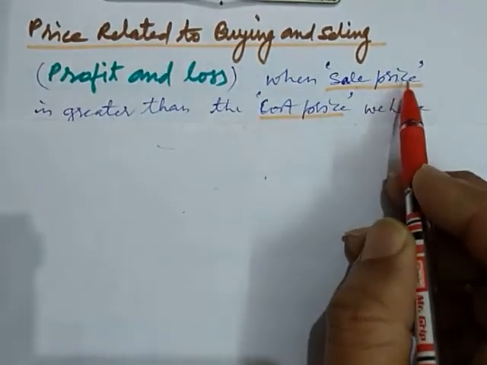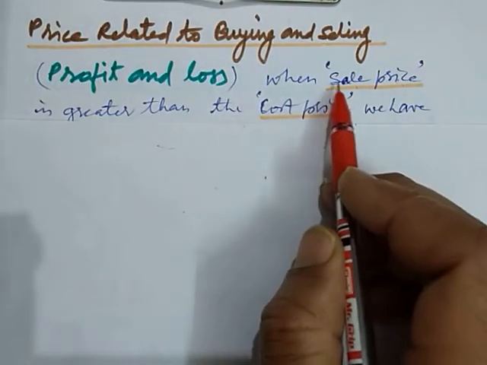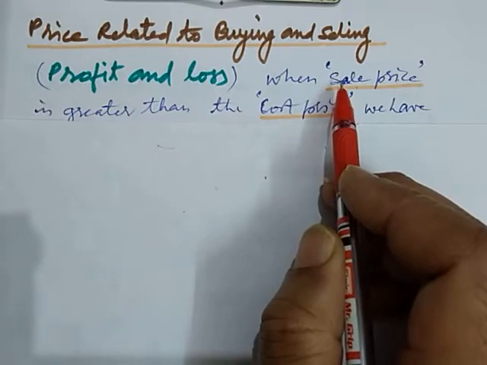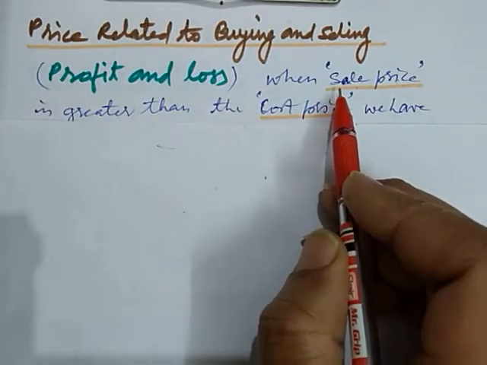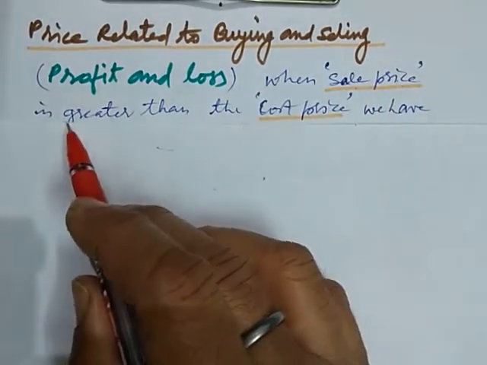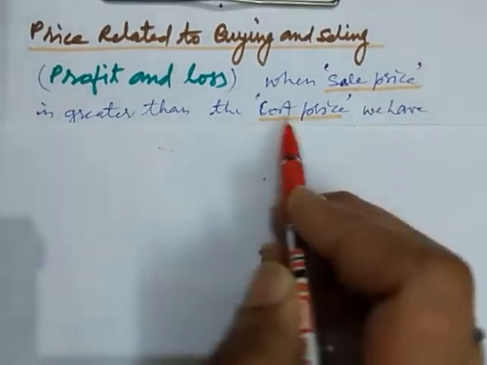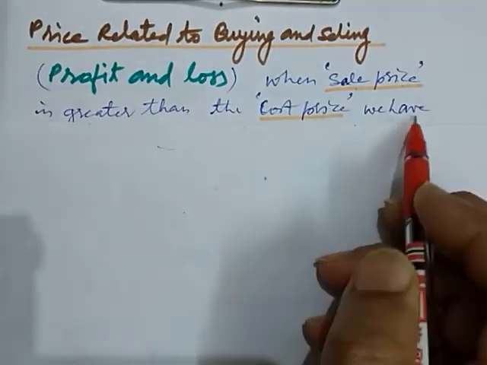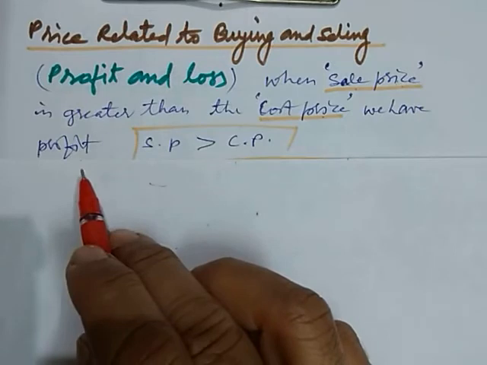Sale price is the price at which a thing or an object is sold. If this is greater than the cost price, we have profit.